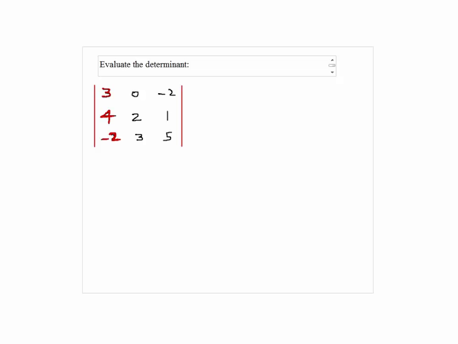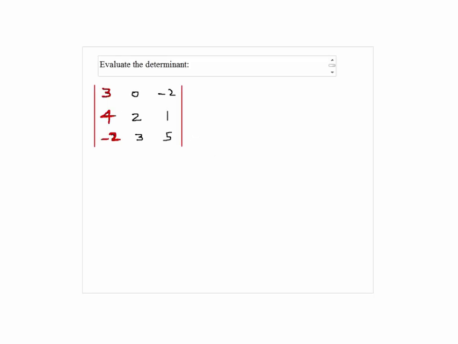Now there's a sign associated with each of these terms here. If I have a 3 by 3 matrix, the sign of the first number here is always positive, and the sign alternates between plus and minus after that.